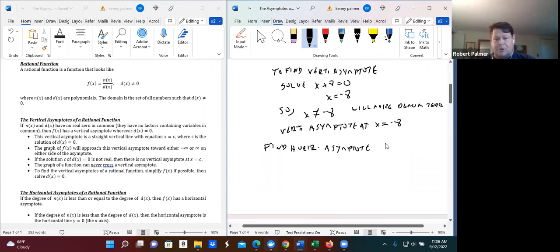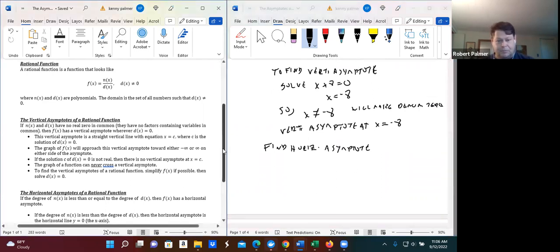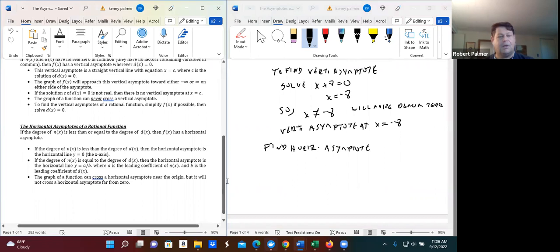So a horizontal asymptote, so if the degree of n of x, the function in the numerator, is less than or equal to the degree of d of x, the function in the denominator, then f of x has what's called a horizontal asymptote. Remember, the degree is your highest power of x in the numerator or denominator. So if the degree of the numerator is less than or equal to the degree of the denominator, you have a horizontal asymptote.